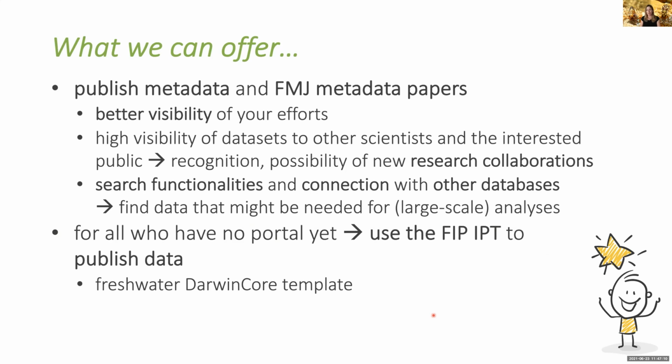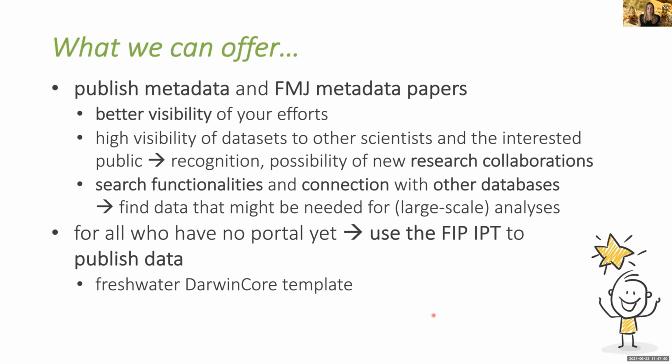As I already said several times in my talk, that creates better visibility of your work and of your efforts, which might then pay back by new research collaborations, for example. You can use all our search functionalities and the connection with other information systems to find data that you need for your own research.